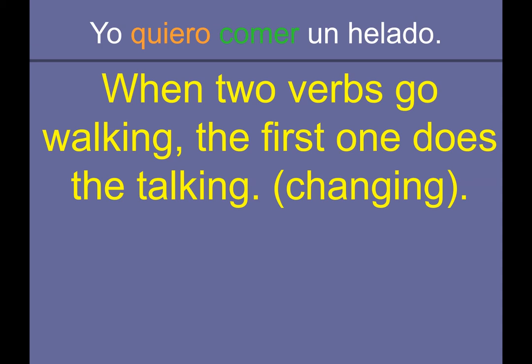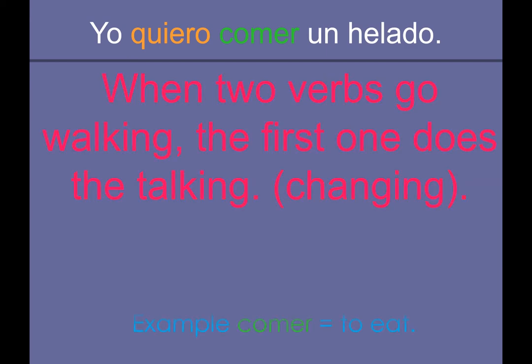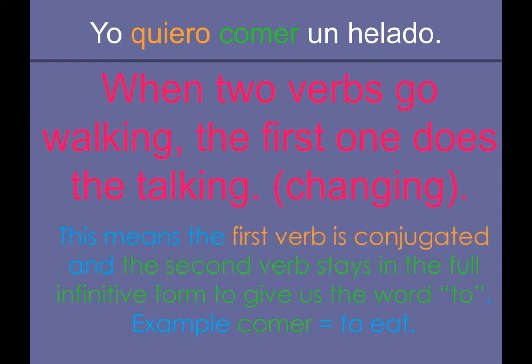I like to say, when in Spanish, when two verbs go walking, the first one does the talking, or the changing. This means that the first verb is conjugated to match the subject of the sentence, and the second verb stays in the full infinitive form to give us the word to. Example, comer, to eat.